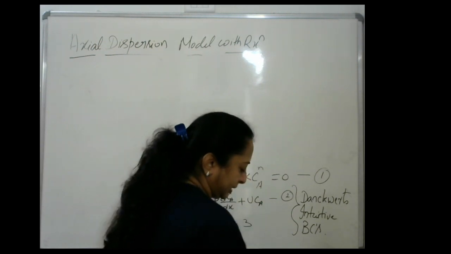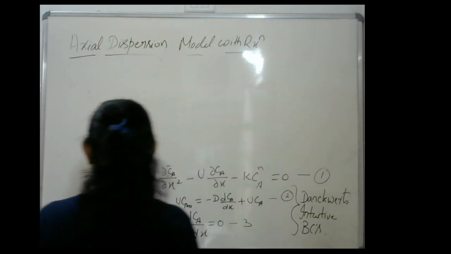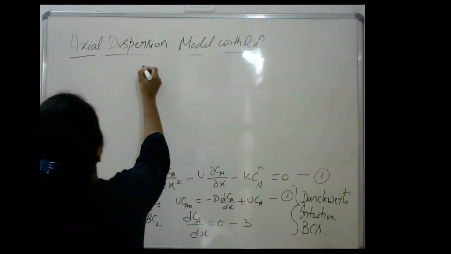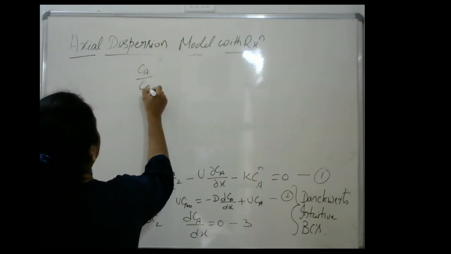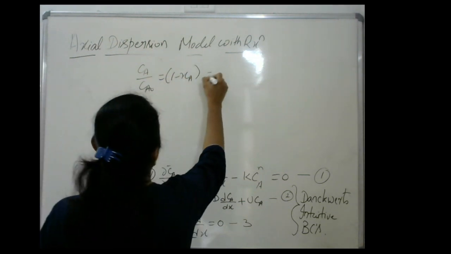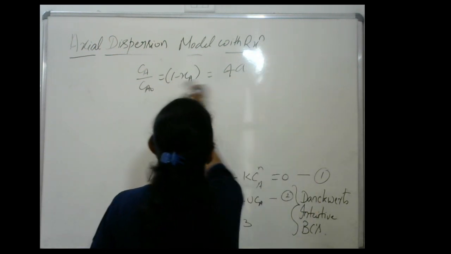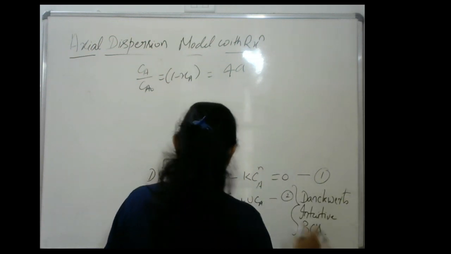And that expression is Ca/Ca0, which is equal to 1 minus Xa, which is also equal to 4a exp(1/2 uL/D) divided by [(1+a)² exp(a/2 uL/D) minus (1−a)² exp(−a/2 uL/D)], where a equals the root of 1 plus 4 k tau D/uL. I really can't remember this, I'll just check whether I'm writing correctly or not.